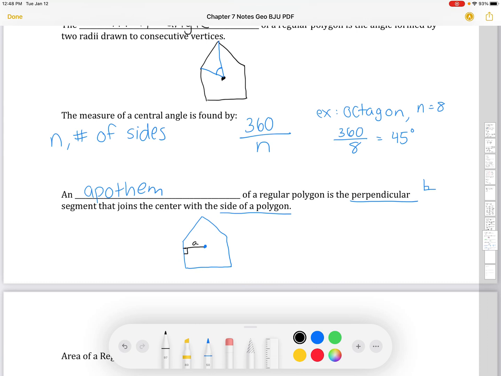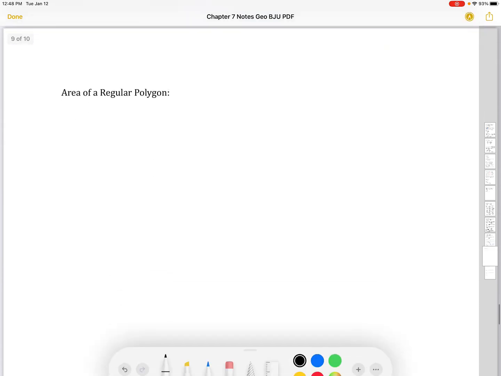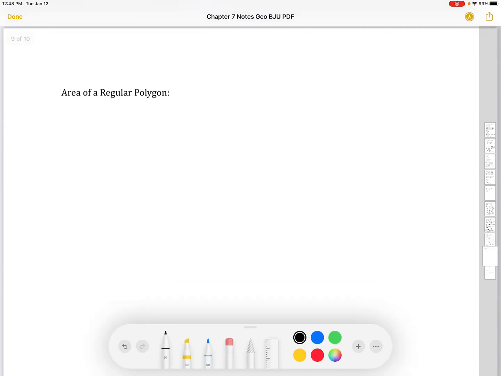Therefore, we're going to be able to get this equation for the area of any regular polygon. So the area formula for a regular polygon is 1/2 the apothem times the perimeter. A is your apothem, and P is your perimeter.